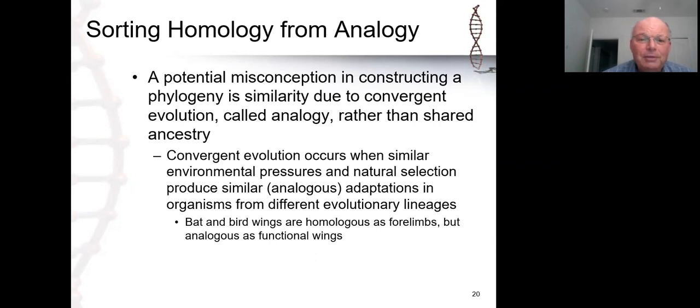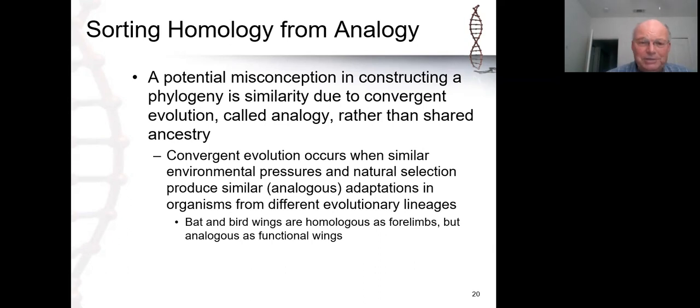If we say that bats are derived from a mammalian ancestor and birds are derived from a reptilian ancestor, well, we know that reptiles and mammals do share a common ancestor, that's true, but bats evolved as mammals and birds evolved as members of the reptilian clade long after the ancestors of both clades diverged from their common ancestor.